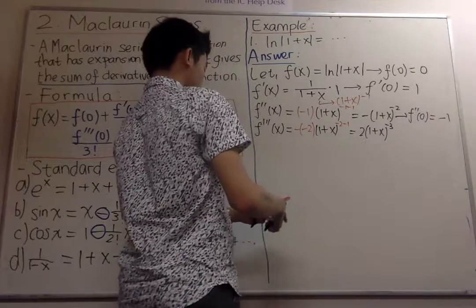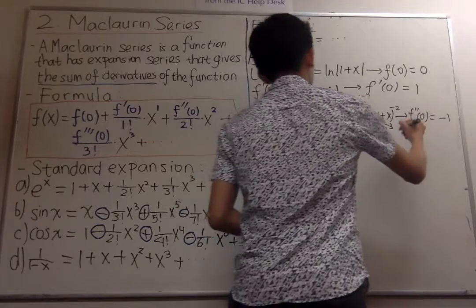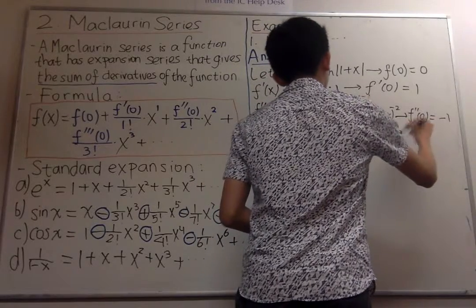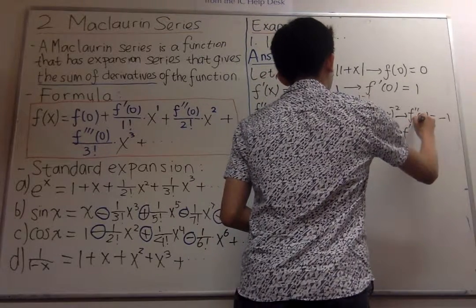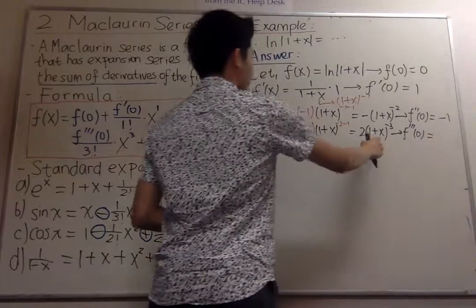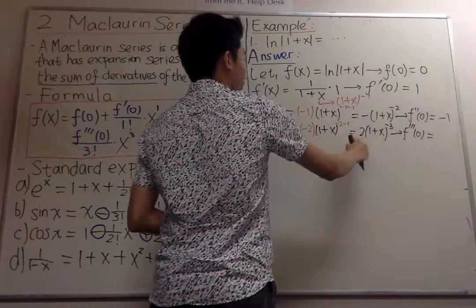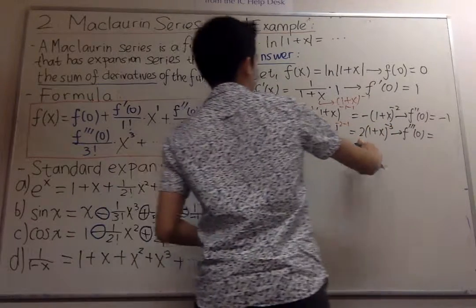Now let's plug in 0: f triple prime of 0 is equal to 1 plus 0 is 1, to the power of negative 3 is still 1. When we multiply by 2, we get 2.